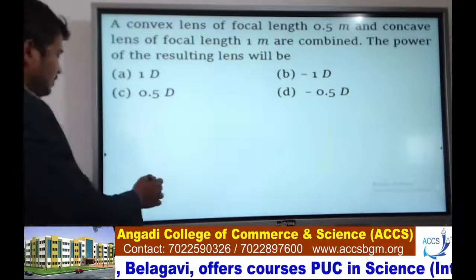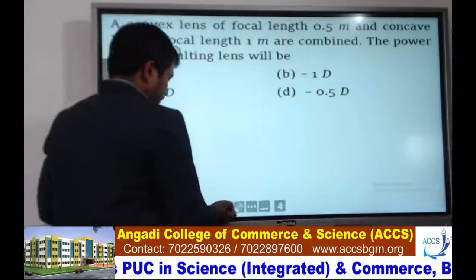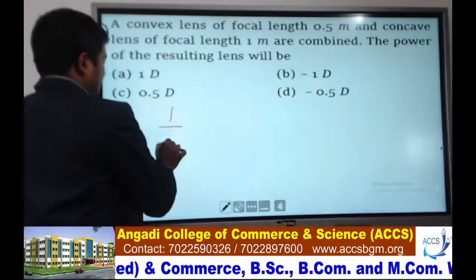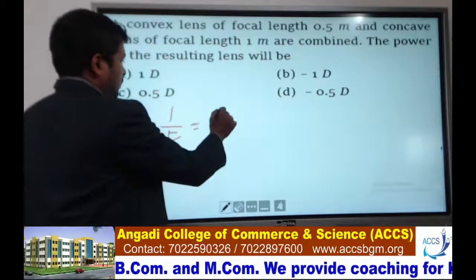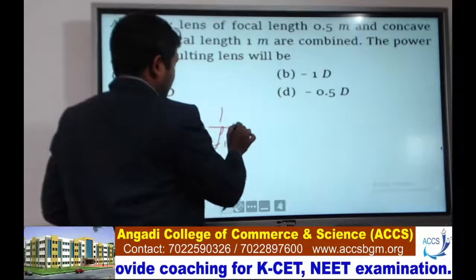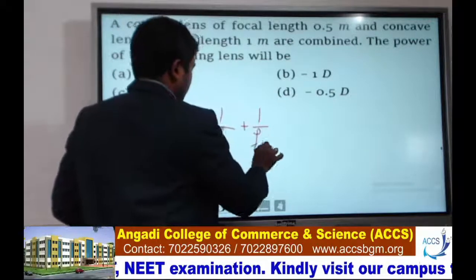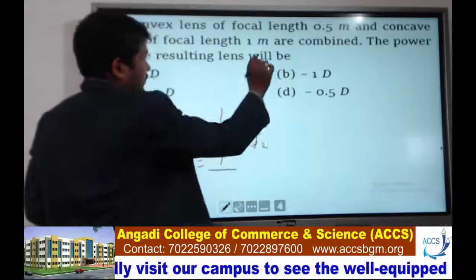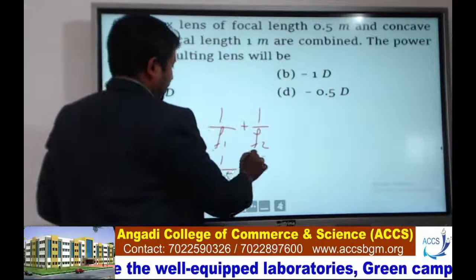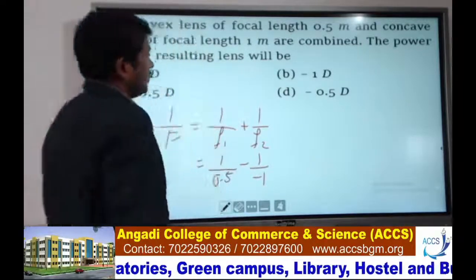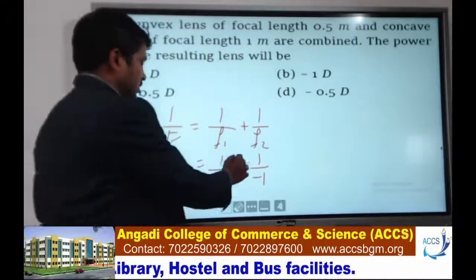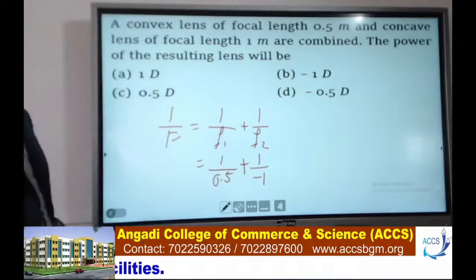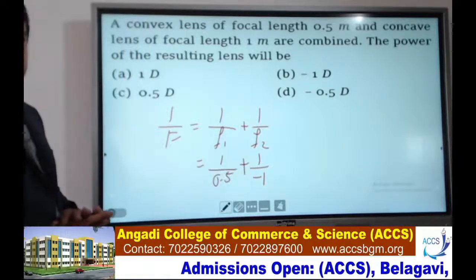So 1 by F equals 1 divided by F1 plus 1 divided by F2. Simplify yourself. What is the answer you can get? Just check.